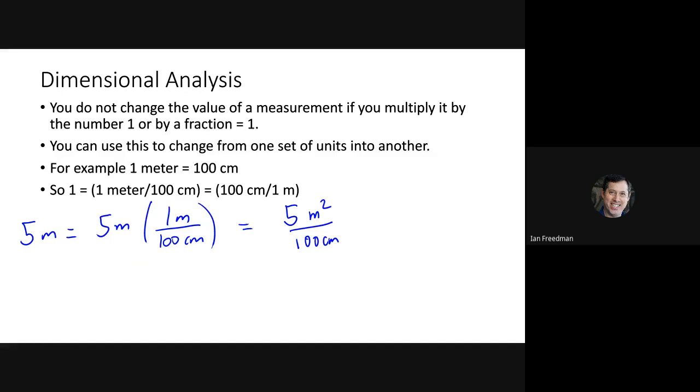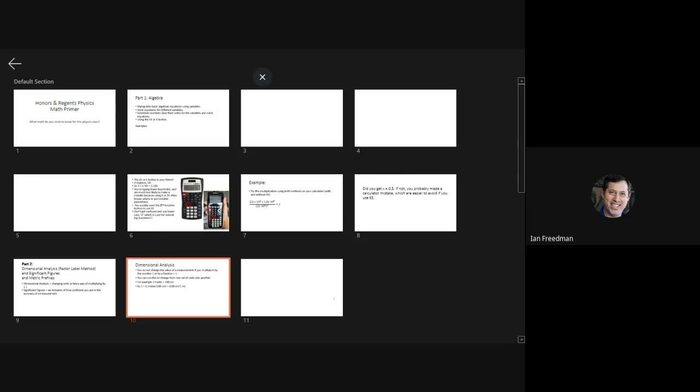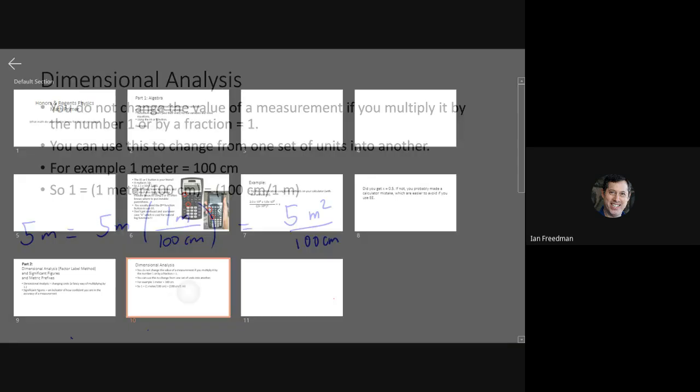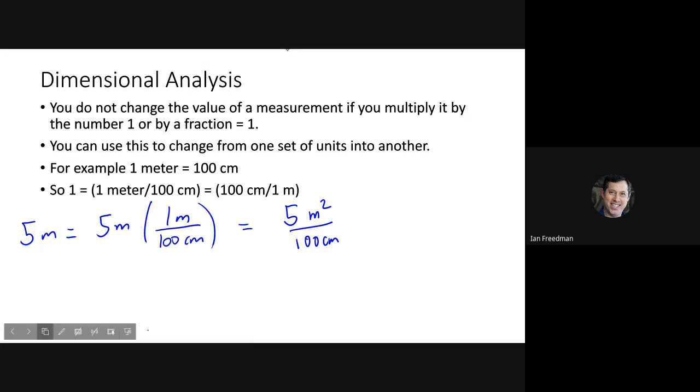But ideally, what you really want to do when you're trying to solve these factor label method questions is you want to put in a fraction where you know that the numerator and the denominator are going to cancel out when it comes to units. Does it not work with my finger? It only seems to work with it. Okay.